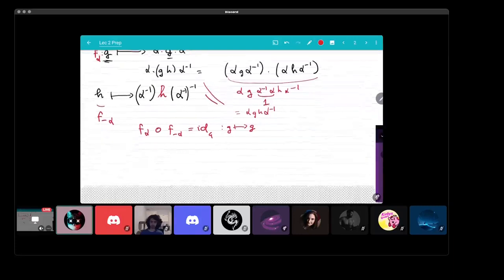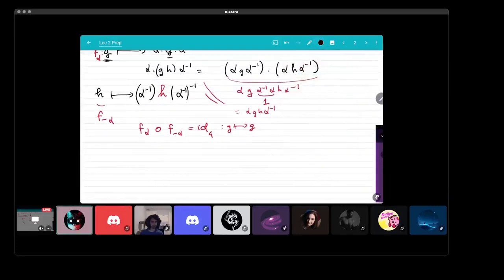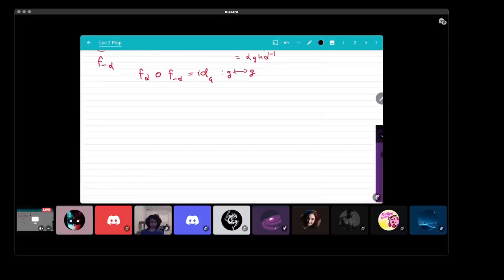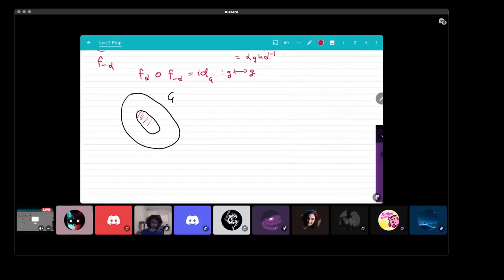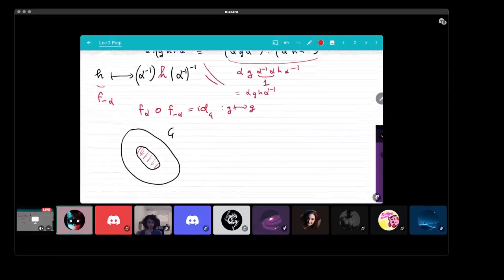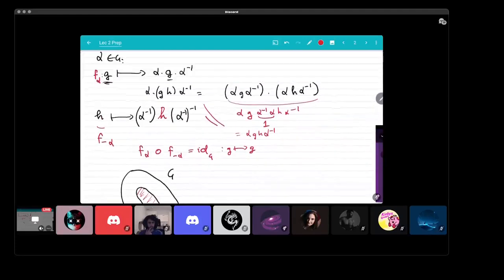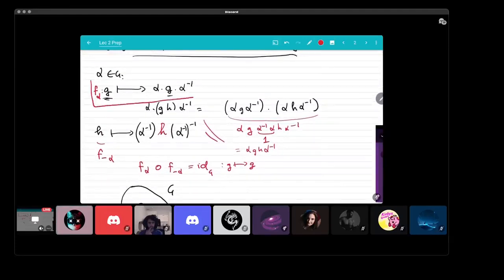A few properties related to normal subgroups and the center of a group. If we have a group and a normal subgroup, an inner automorphism, this is called an inner automorphism.